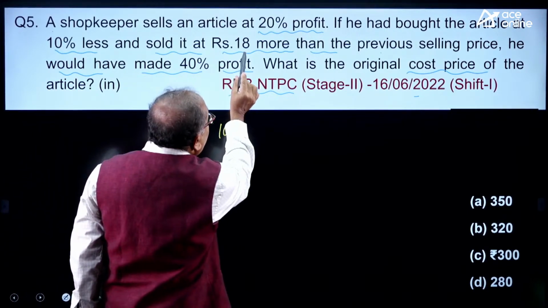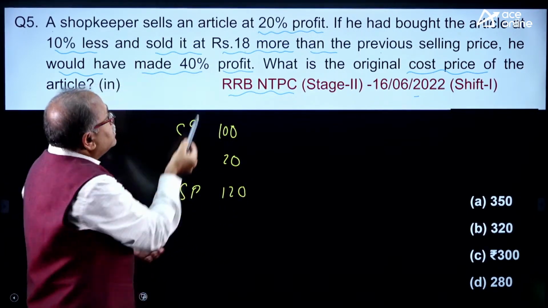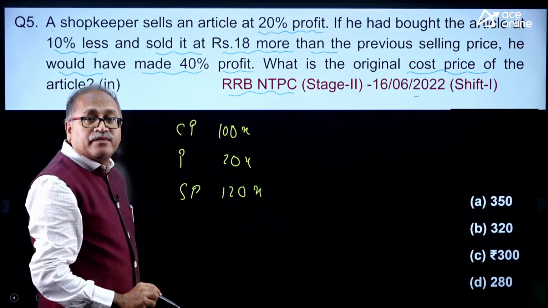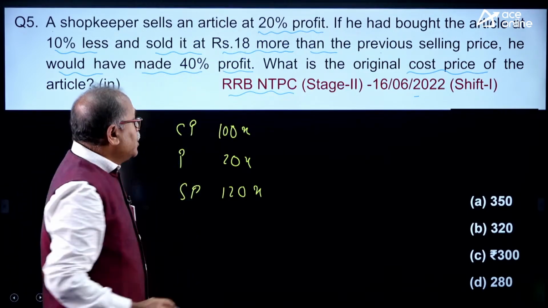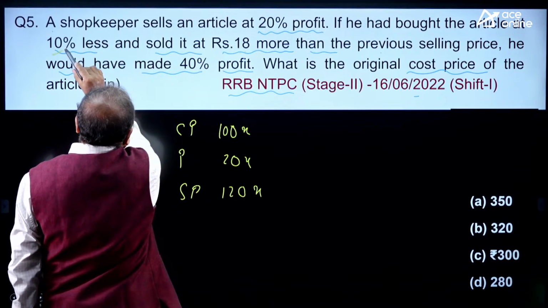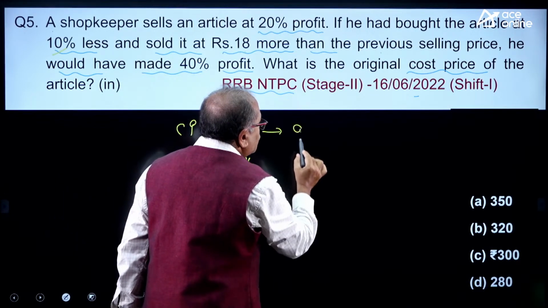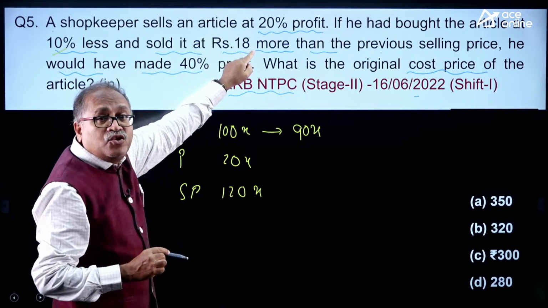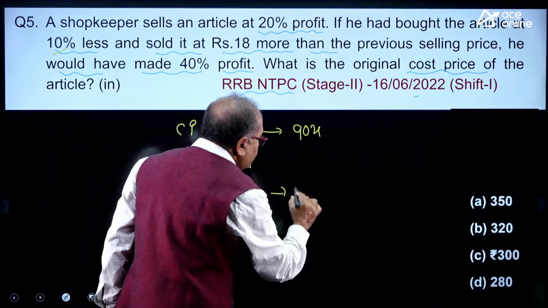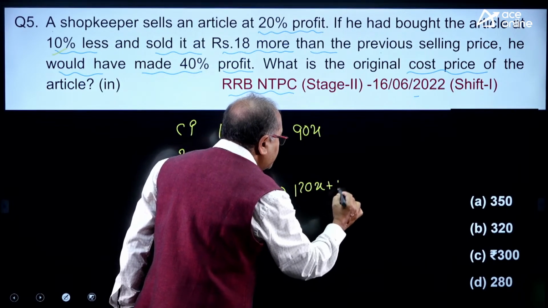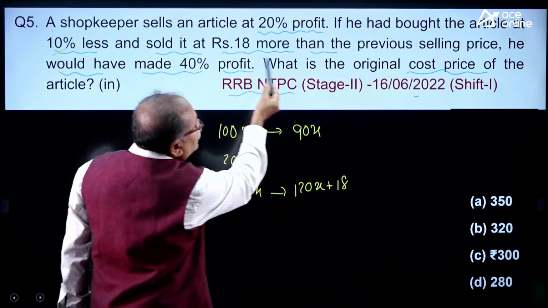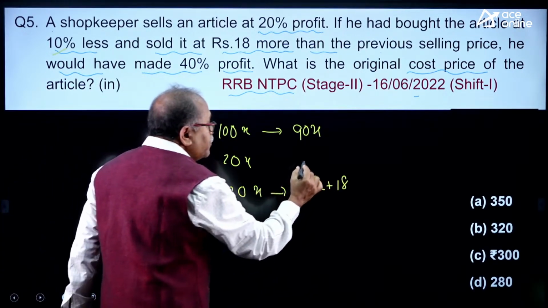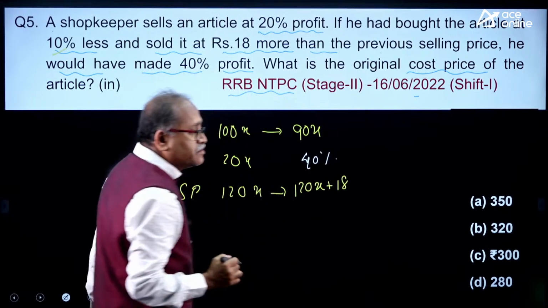But as 18 rupees more is given in terms of rupees, I will consider this in the x format, because one value is given in rupees. Now, the cost price is 10% less, so the cost price becomes 90x, and the selling price is 18 rupees more, so 120x plus 18, and then the profit will be 40%.